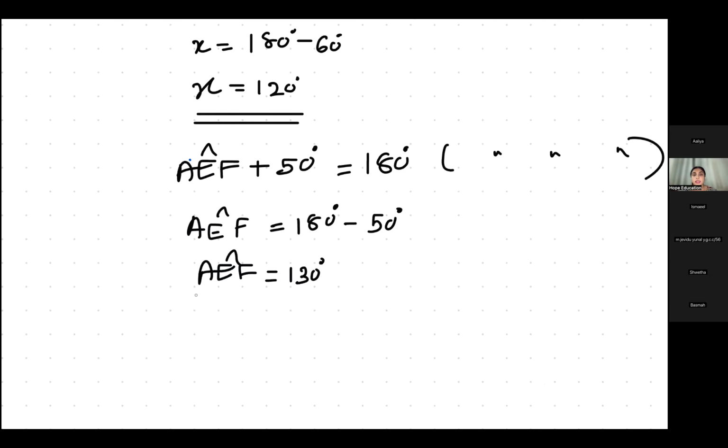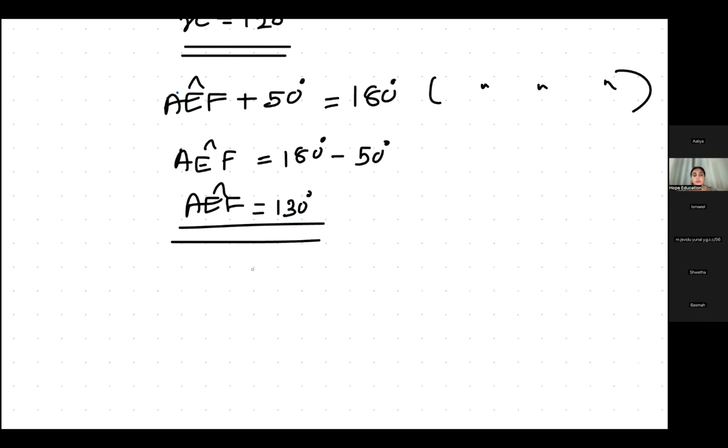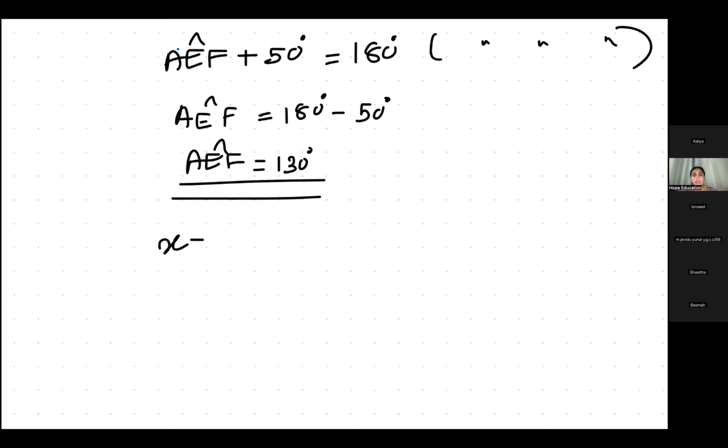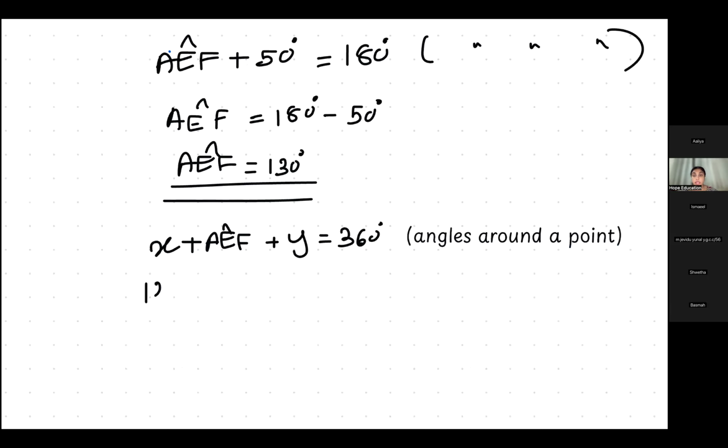Okay. So now we know X, and here it is 130, so I can find Y. Why? Because angles around a point. So I can write X plus AEF plus Y equals 360. Angles around a point. X we already found as 120. AEF we found as 130.